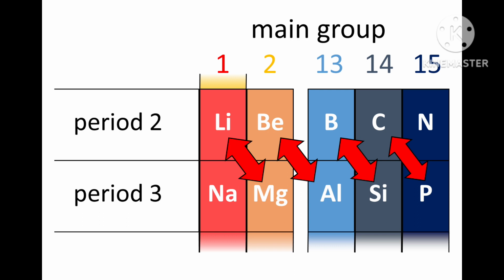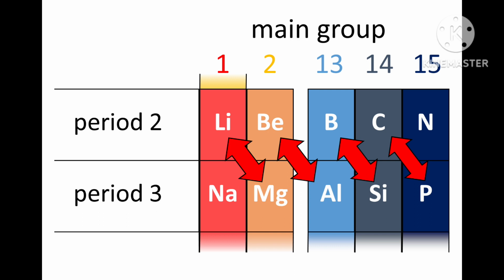Why? This is due to the increased nuclear charge in these elements. When atomic number increases, nuclear charge will increase, but a new orbital is not opened.